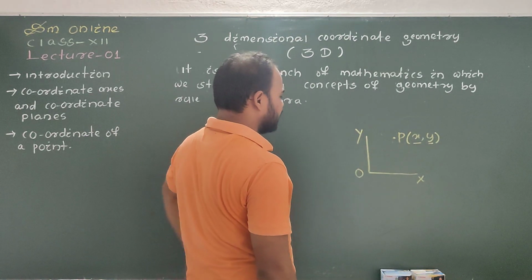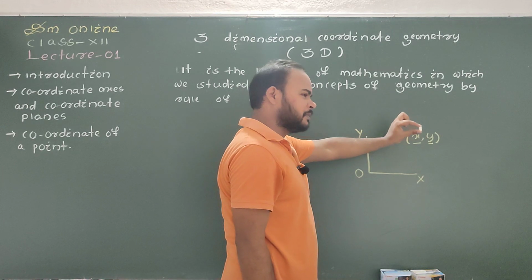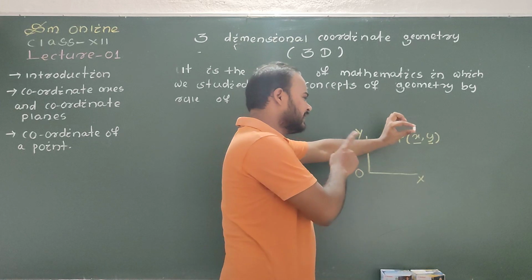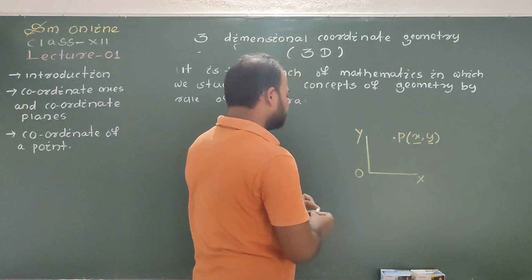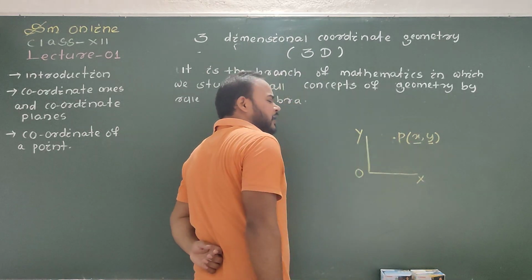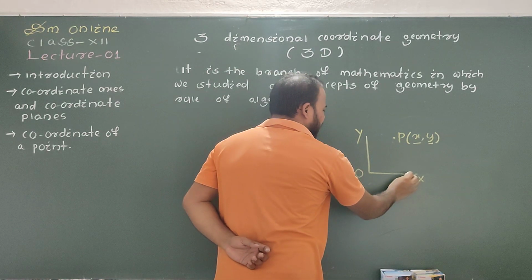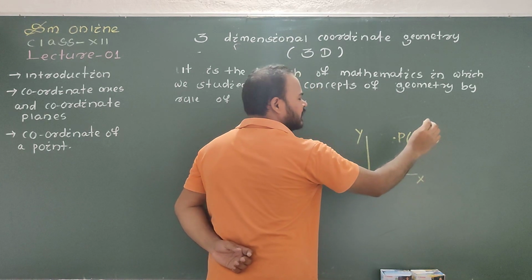Now let us say the point P is in a hanging position, and it is in space. To locate this point P, we need the x axis, y axis and another axis's help.